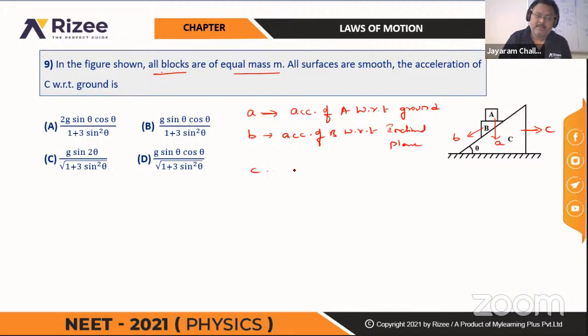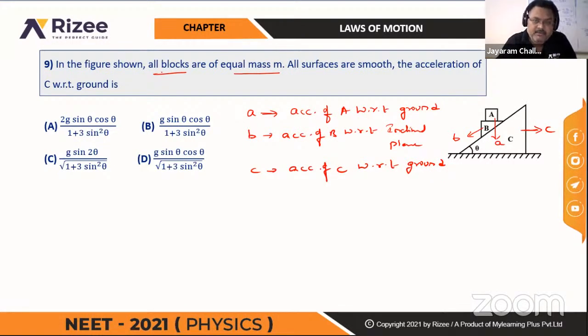C, next one, is the acceleration of C, that too with respect to ground only. So this is the information that we have.